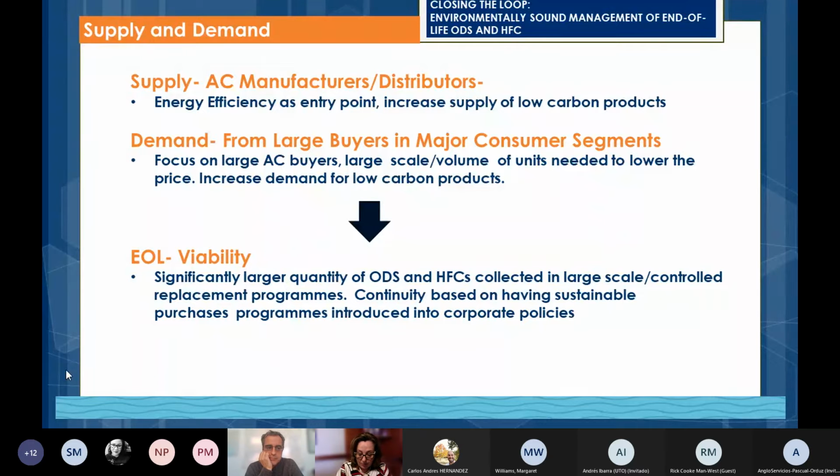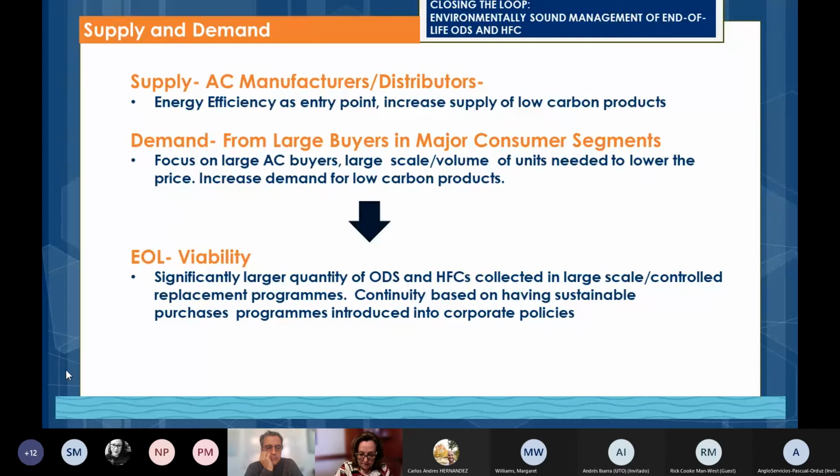And of course, the corporate responsibility that the buyers in their companies have, as an entry point, will help us to discuss with the purchase departments the introduction of sustainable purchase programs to be introduced in their corporate policies. Not necessarily all the corporate responsibility programs of a big company deal with, for instance, the purchase of air conditioning with the low GWP fluid that we want.